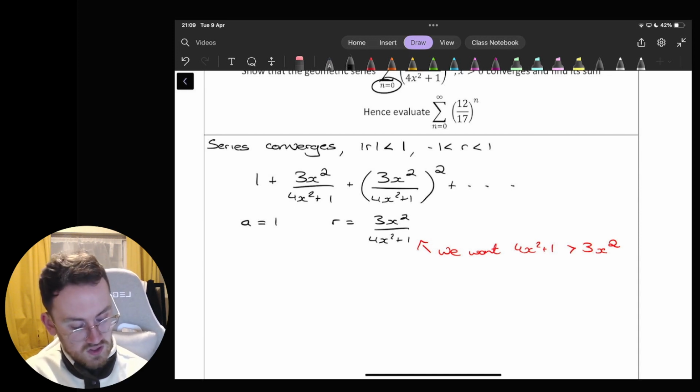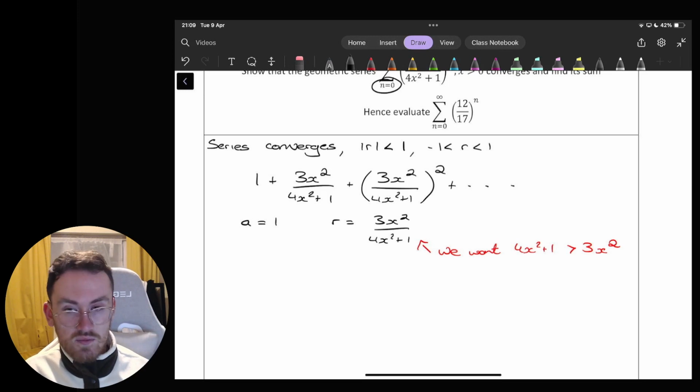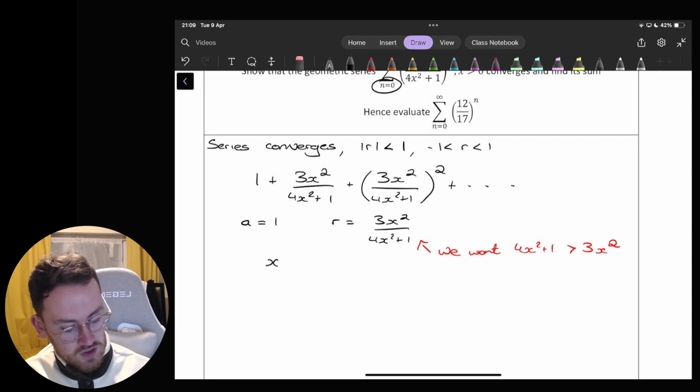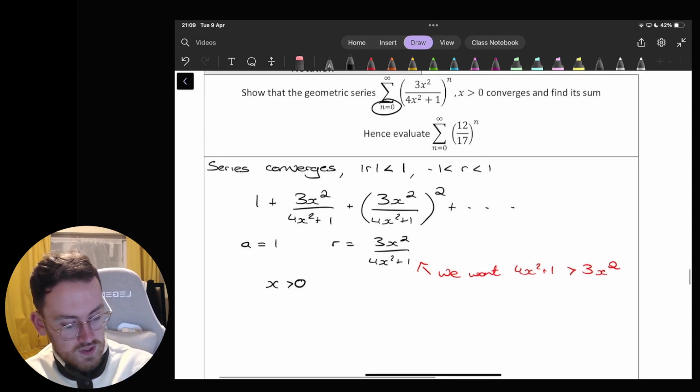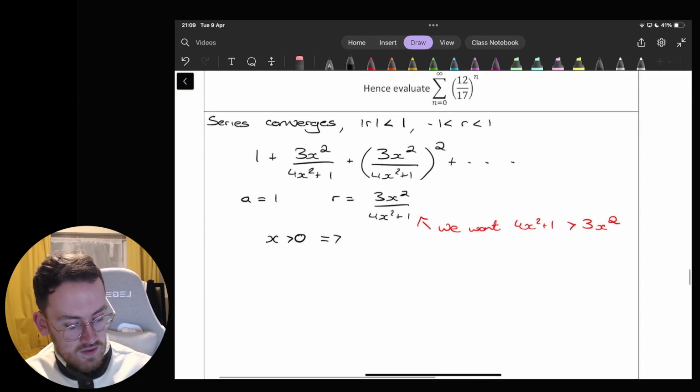You can consider this as a little sum to work out, or we can look at it by eye. So long as x is greater than 0, which is what's given, 4x squared is always going to be bigger than 3x squared.